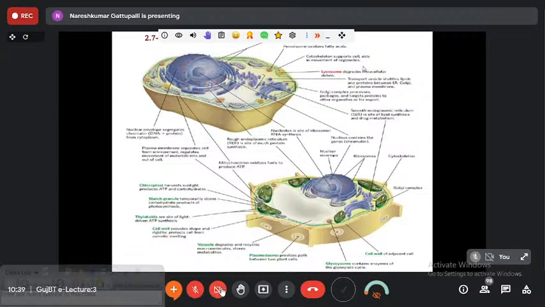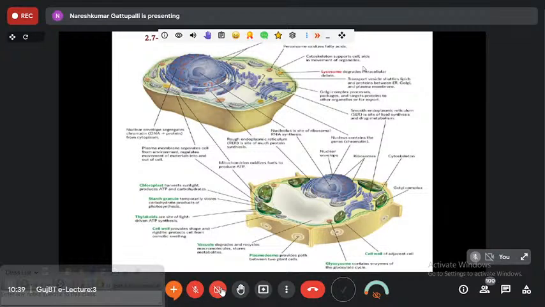And here we can see that there are two types of systems: animal systems and plant systems. Plant systems have organelles, which are chloroplast and mitochondria, whereas the animal cell has only mitochondria, it doesn't have chloroplast.